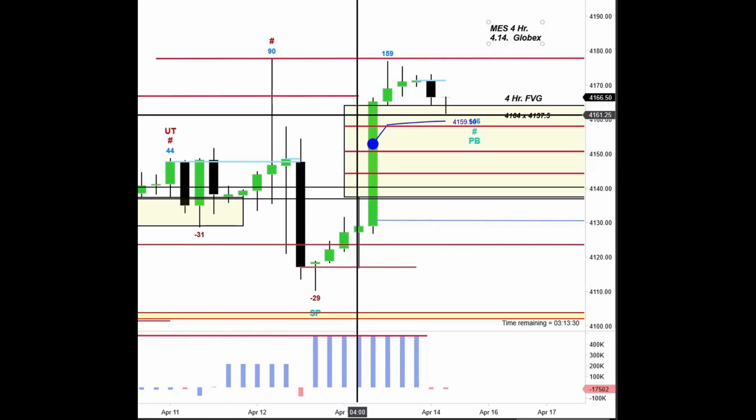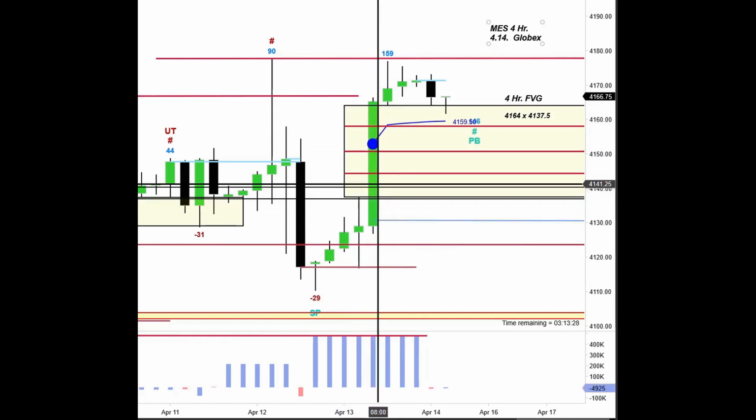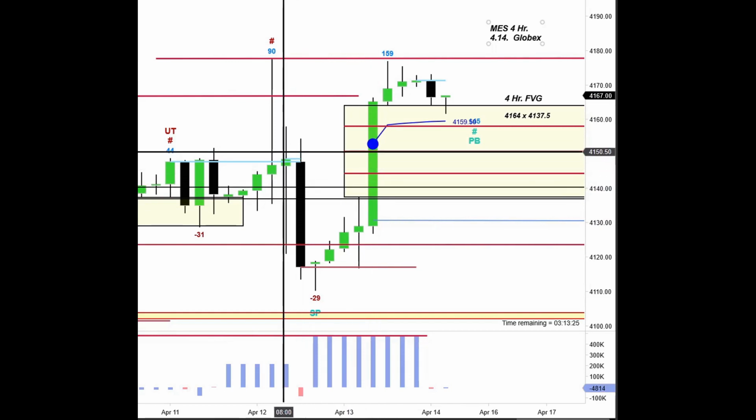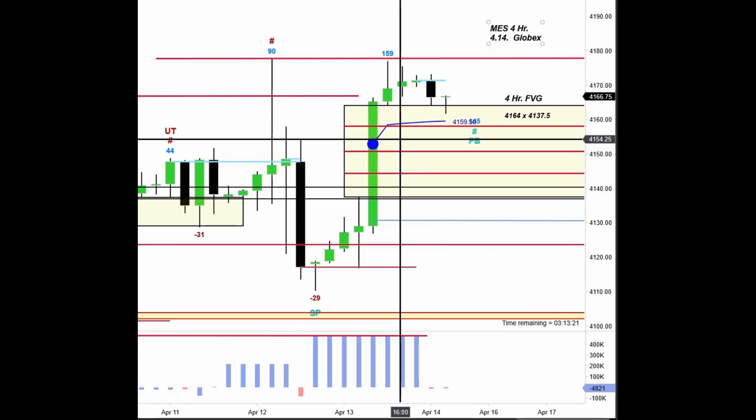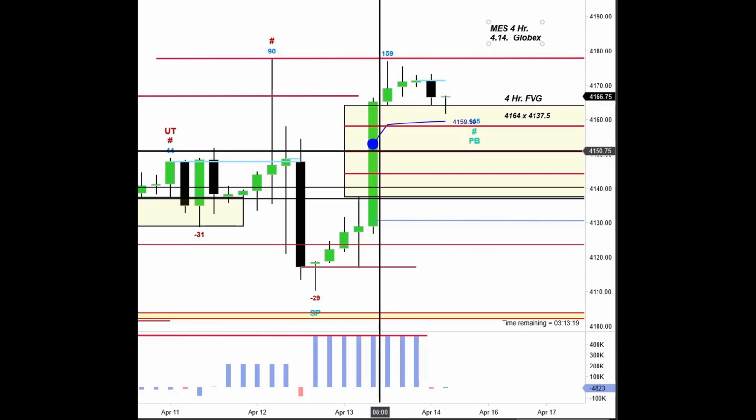So this is basically, again, this big candle body here. So let's take a look at that. Look how I've got 4 yellow quadrants here and divided it 50% level. It comes in at 50.75.